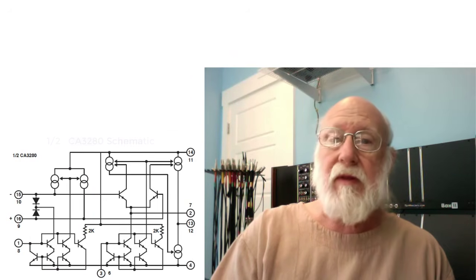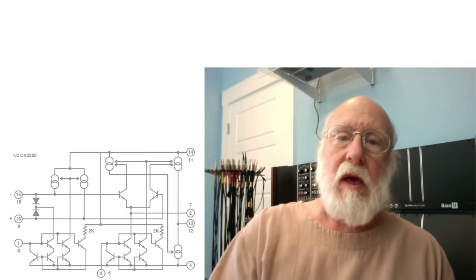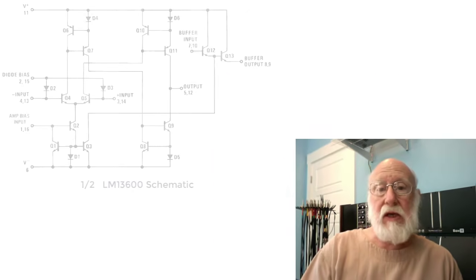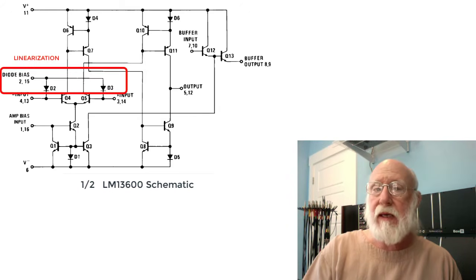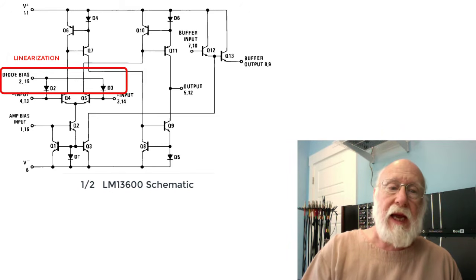About the same time that the 3280 was introduced, a competing design, the LM13600, was introduced. This also was a dual OTA. It also had linearizing diodes, although that linearization was implemented a little bit differently than in the 3280.